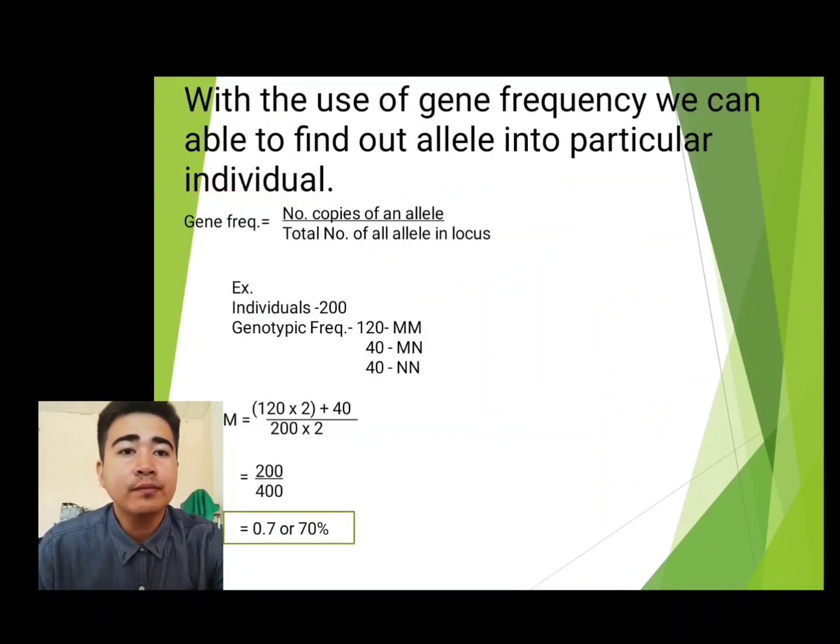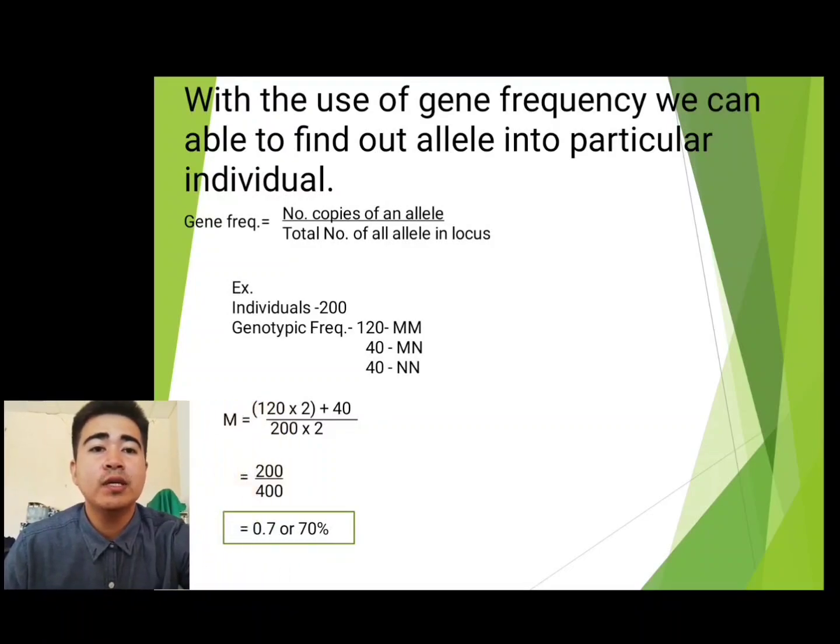Then, for a sample, we have 200 individuals and the genotypic frequency is 120 MM, where MM means homozygous dominant, 40 MN is heterozygous, and 40 NN is homozygous recessive.